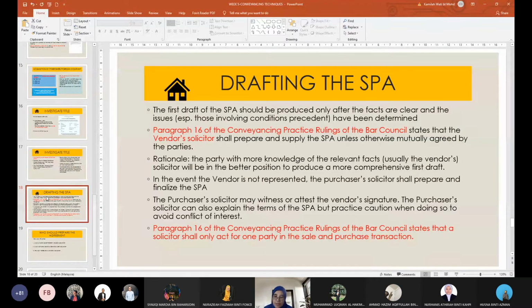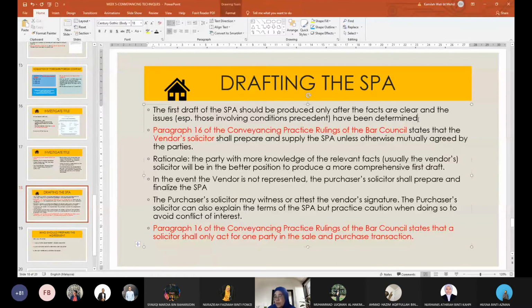If the vendor and purchaser are both represented, in practice the vendor solicitor is the one who drafts the SPA. The first draft of the SPA should be produced only after the facts are clear and the issues have been determined, especially those involving condition precedent.